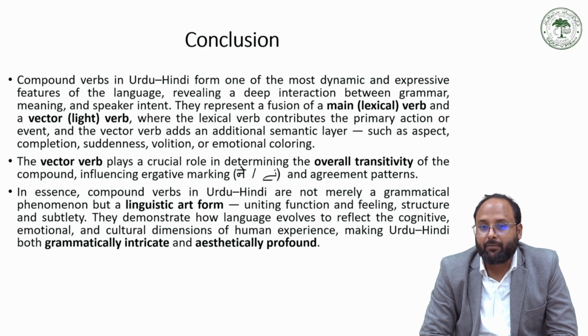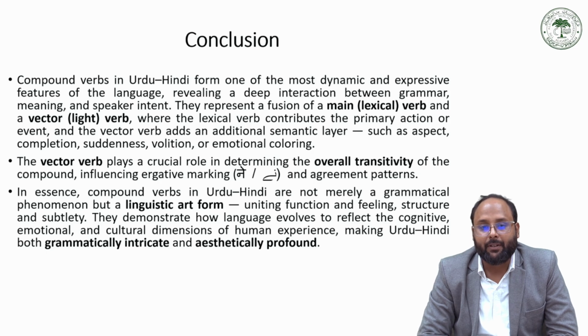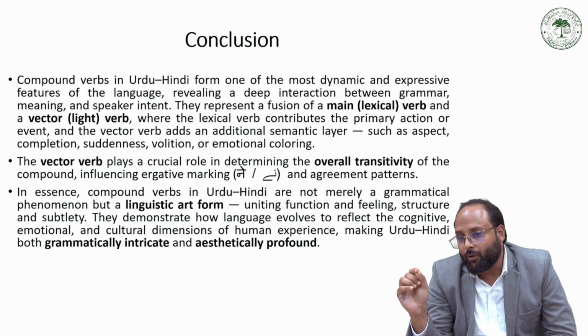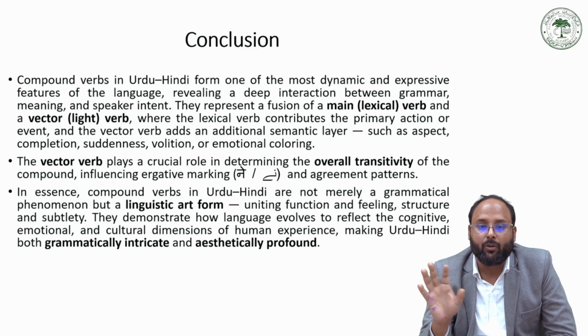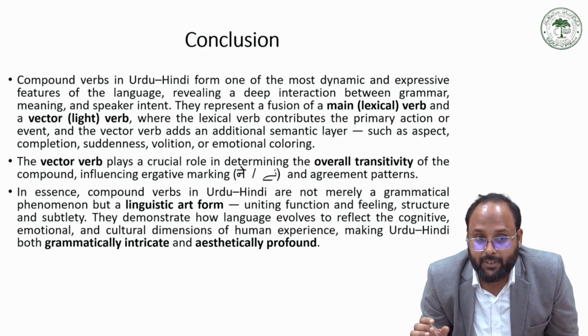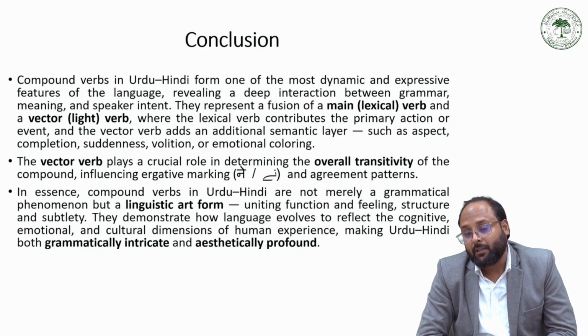They represent a fusion of main verb and the vector verb, where the lexical verb contributes the primary action or event and the vector verb adds an additional semantic layer, or sometimes also some pragmatic meaning: compression, suddenness, volition, and emotional coloring. The aspect, number, gender inflection, all these things are controlled by the V2 verb, not the V1 verb. V1 verb just gives the main or the lexical meaning.